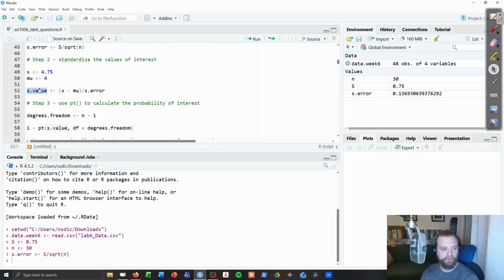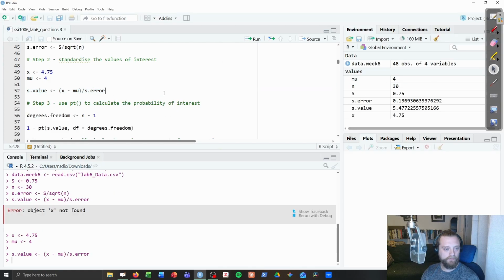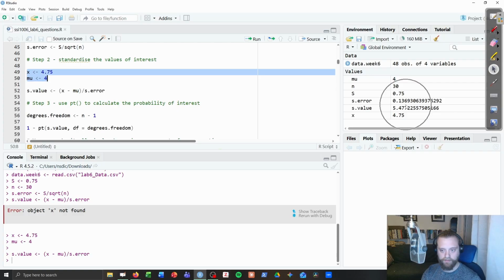And this gives us something called the S value. So if I run this, oh, I haven't run the whole thing. Our S value turns out to be 5.4. So there's my S value there.